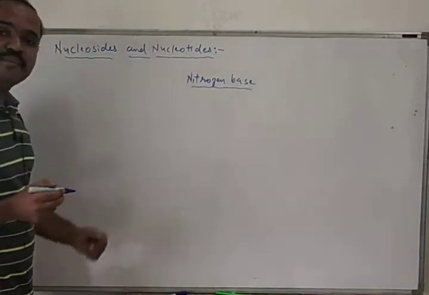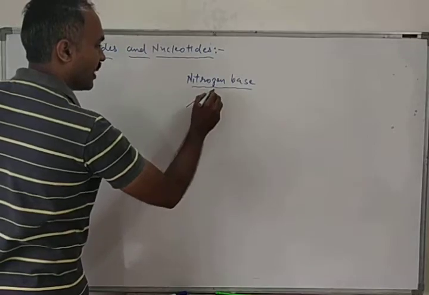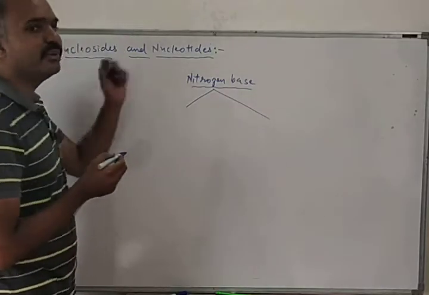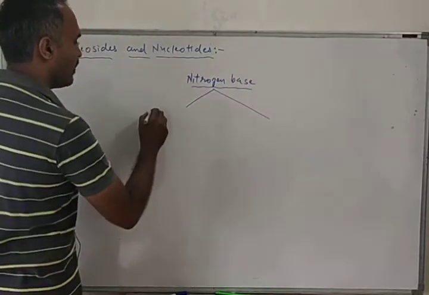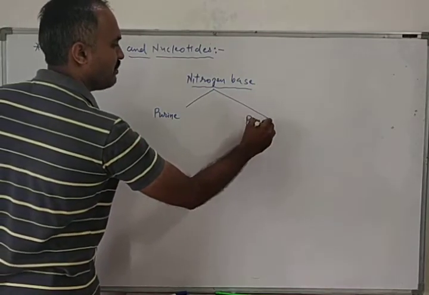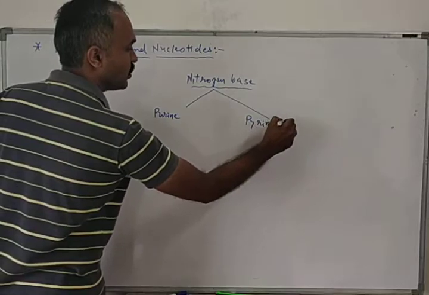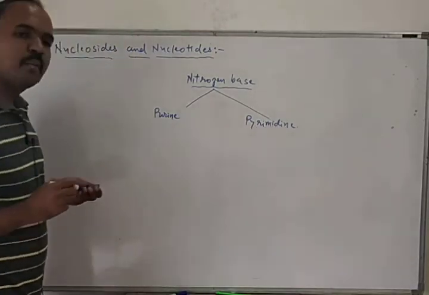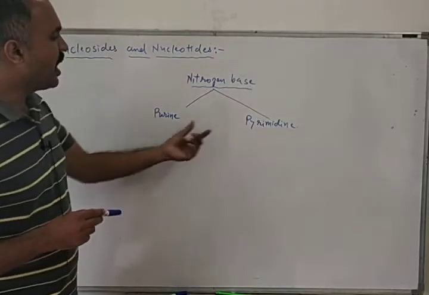How many types of nitrogen bases are there? There are two types of nitrogen bases found in nucleosides and nucleotides: purine type and pyrimidine type.